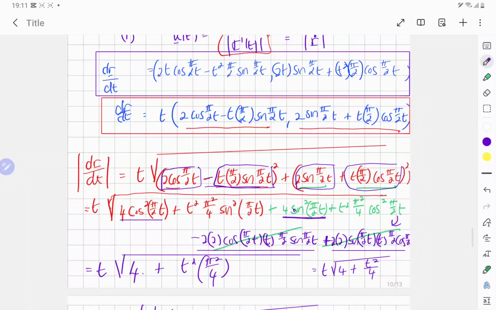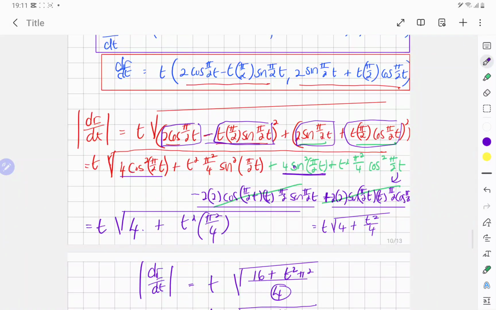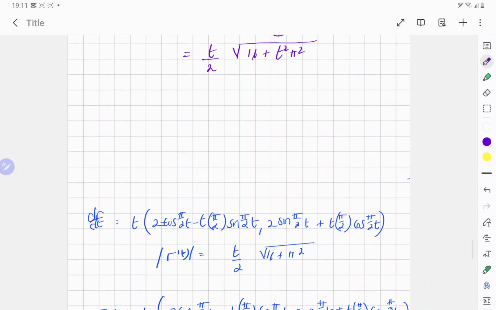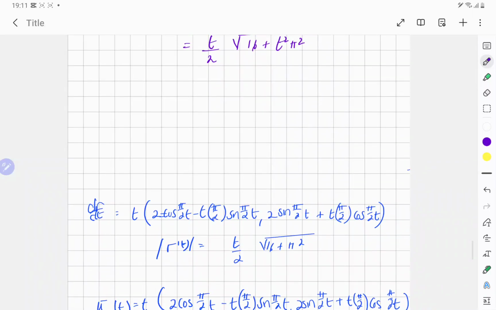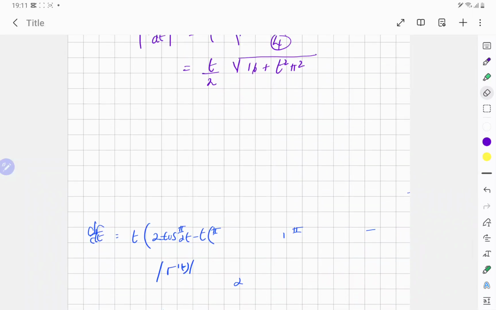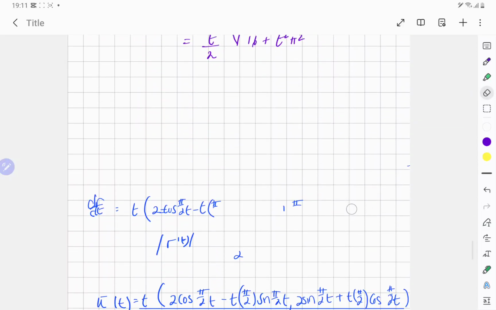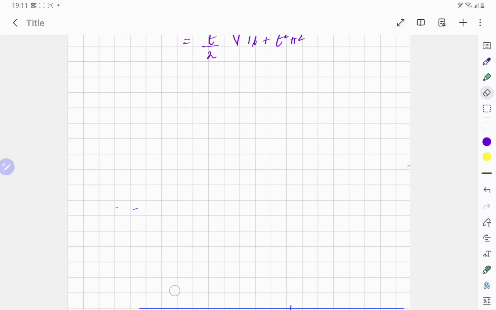So all these steps are very important, since we're also going to do this later. This is going to be extremely important for later when we do curvature and torsion. So just remember that we now only got the magnitude of the derivative.